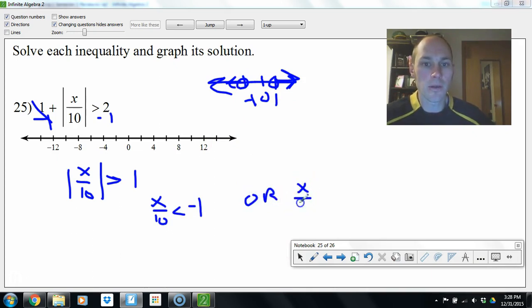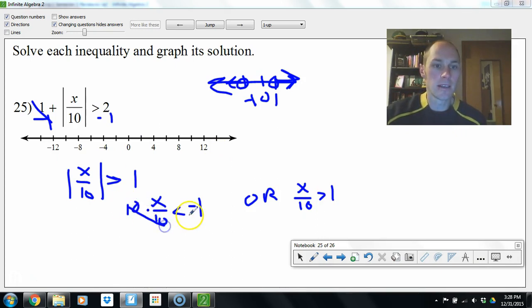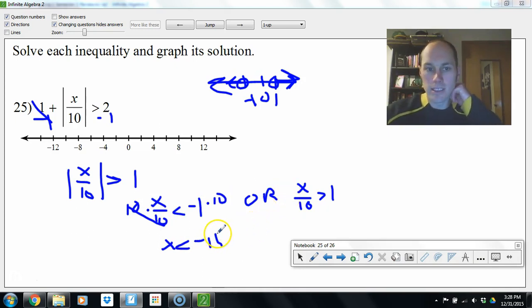So I set up both inequalities there, and now I need to solve them. So to get x alone, I need to multiply both sides by 10, and I get x is less than negative 10. Actually, it's negative 10, isn't it? Forgot how to multiply. The other one, multiply it by 10, and I get x greater than 10.